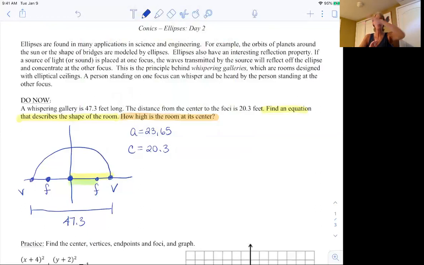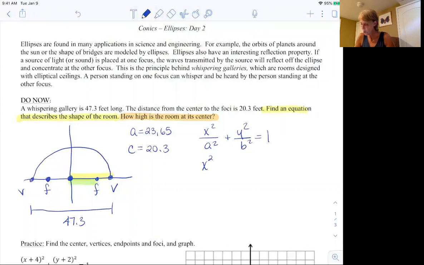Is it the x² version or the y² version? Well, this is going to be the x² version centered on the origin. So I have x² over a² plus y² over b² equals 1. And lastly, we're now going to start plugging in our information.